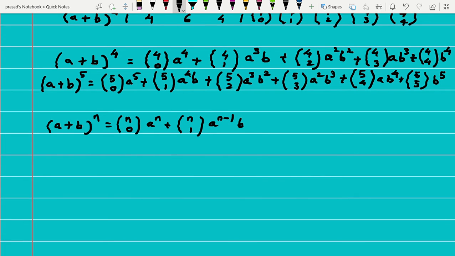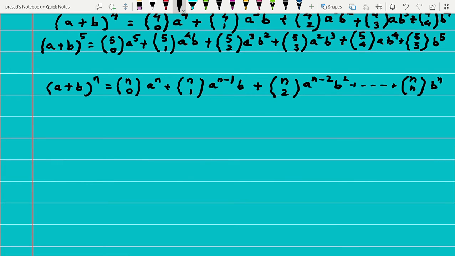In the next term, the coefficient will be nc2, a's power still 1 less, n minus 2, b square, and like that continuing. The last term will be ncn, a's power will become 0, so b will have full power n.